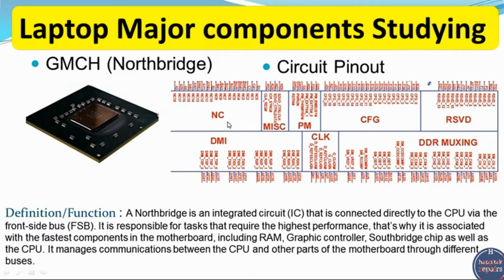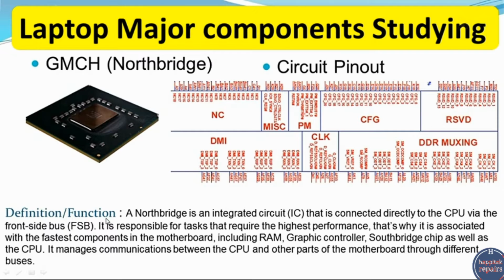As a definition, a North Bridge is an integrated circuit that is connected directly to the CPU via the front side bus, FSB. It is responsible for tasks that require the highest performance. That's why it is associated with the fastest components in the motherboard, including RAM, graphic controller, south bridge chip, as well as the CPU.